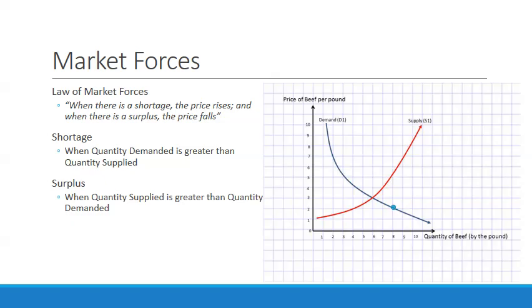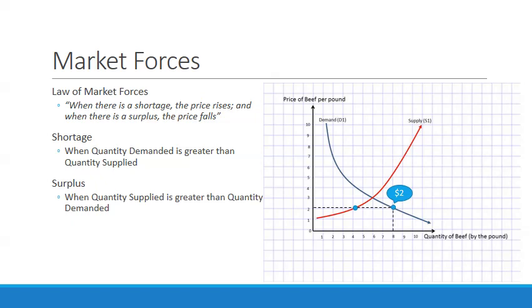So let's say, for example, that our price is $2. Okay, so we're just going to make something up. Let's say that the price is $2. So let's draw a line across here, this $2 mark. Now, where it crosses supply and demand, you'll notice that at $2, consumers are going to demand 8.